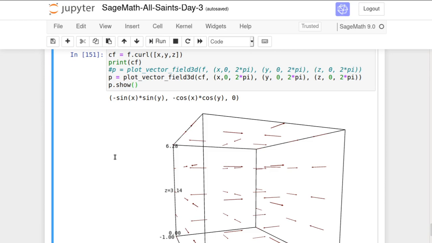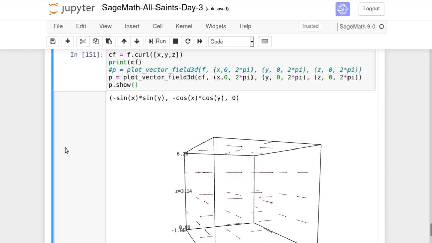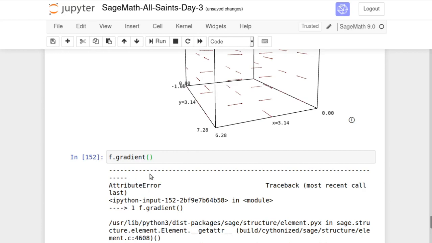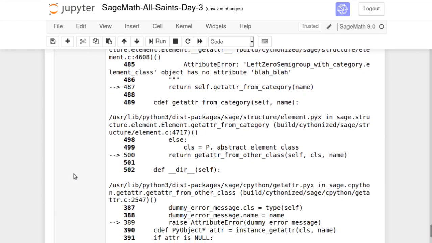Now, to find the gradient, we have already seen divergence. To find the gradient, there is a gradient command already available. If you want to find the gradient, that also can be done directly. So f dot gradient. Oh, what happened to that?